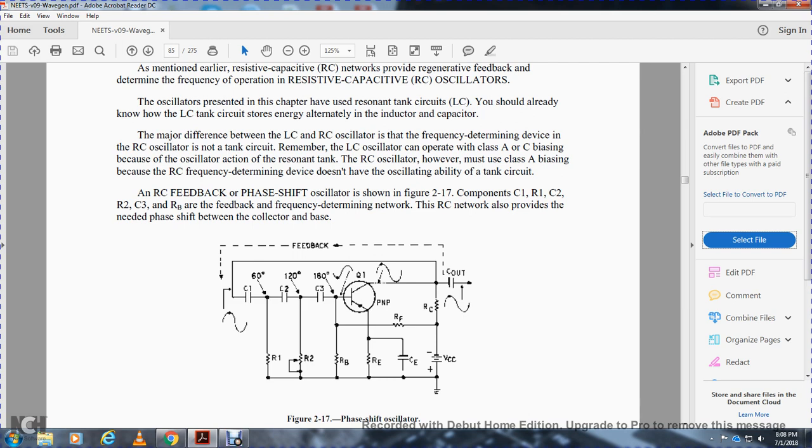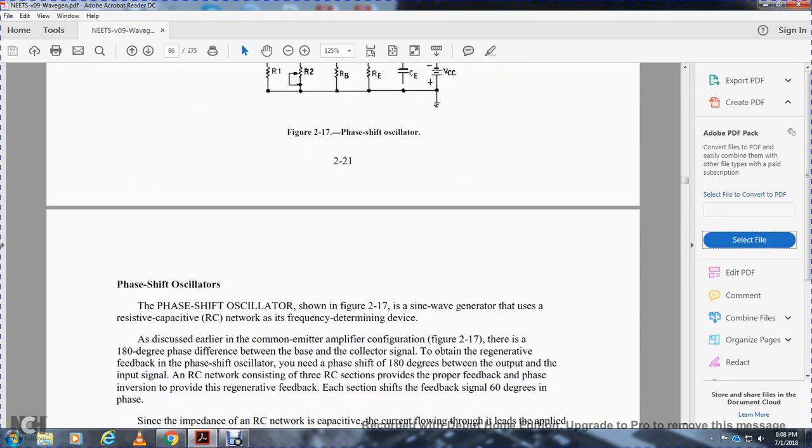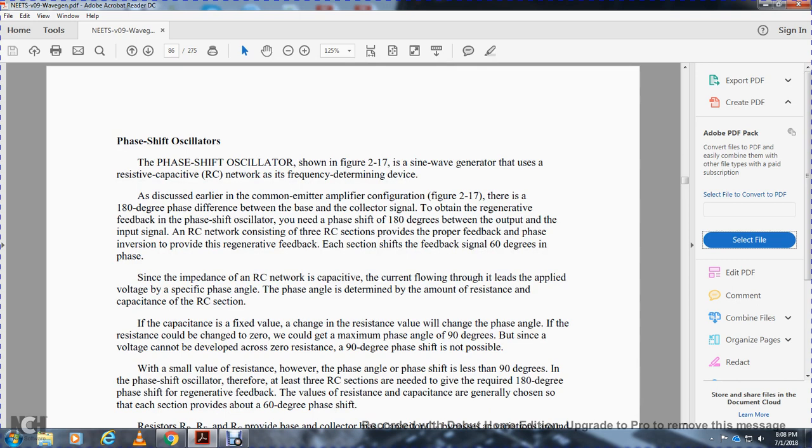The signal that was fed through the capacitor feedback from the collector goes to the base of the transistor. Alright, that is your phase shift oscillator.